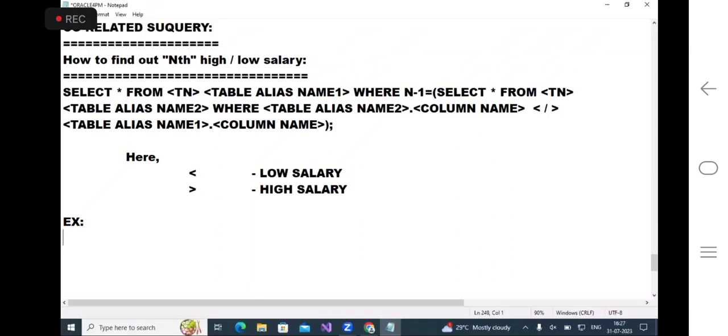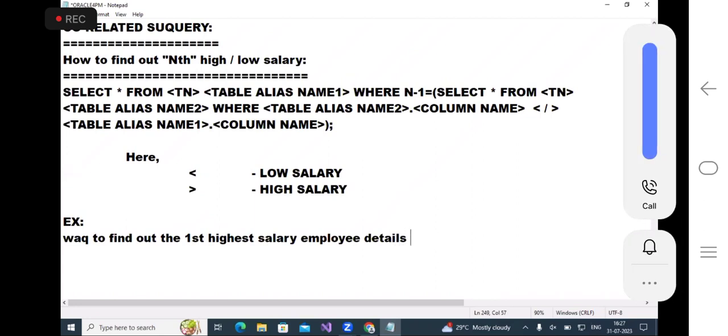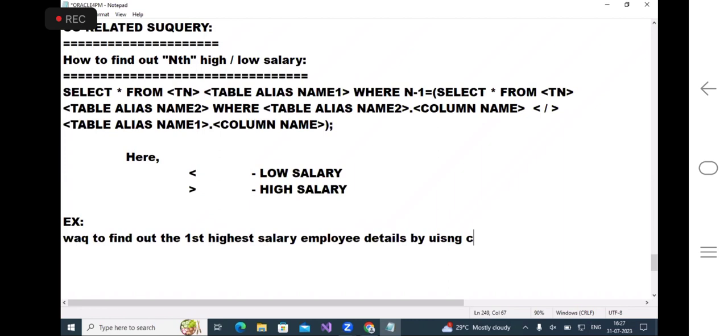Now we can see the example. Write a query to find the first highest salary employee details by using correlated subquery.